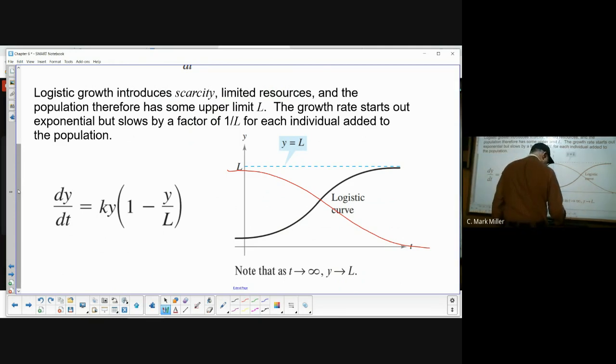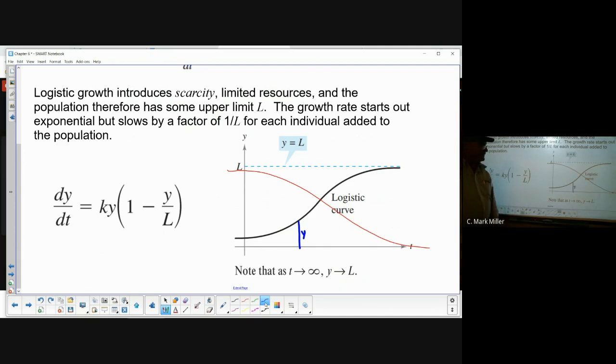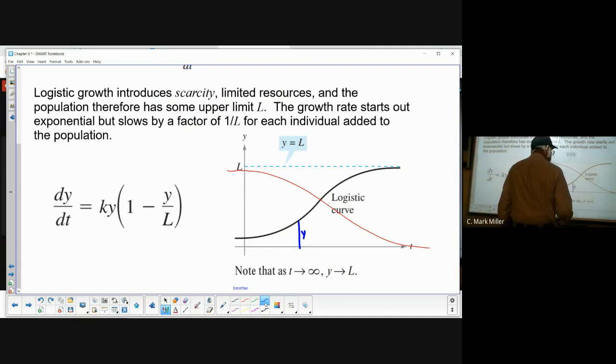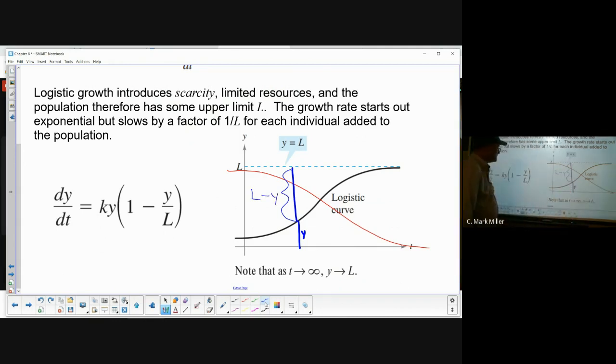So that means this distance here, from there to there, is y. And so that means this distance here is capital L minus y. We're going to need that.